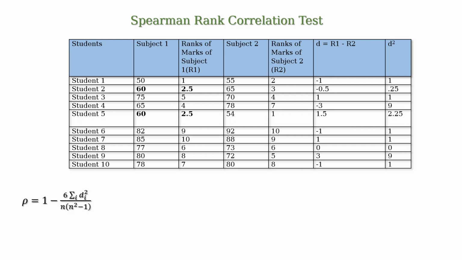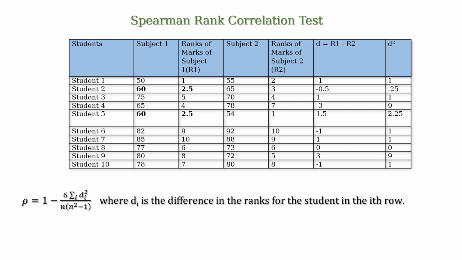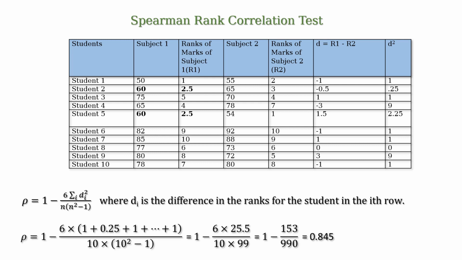The Spearman rank correlation coefficient is equal to 1 minus 6 times the summation over i of di square, divided by n times n square minus 1, where di is the difference in the ranks for the student in the ith row. If we put all the values, then the Spearman rank correlation coefficient becomes 0.845 after calculation.